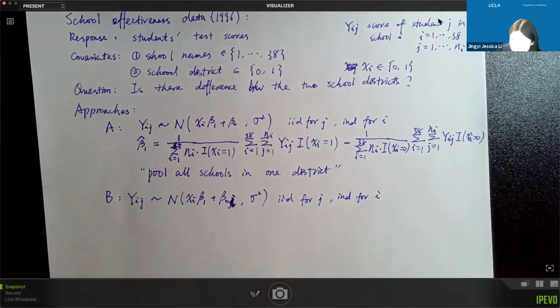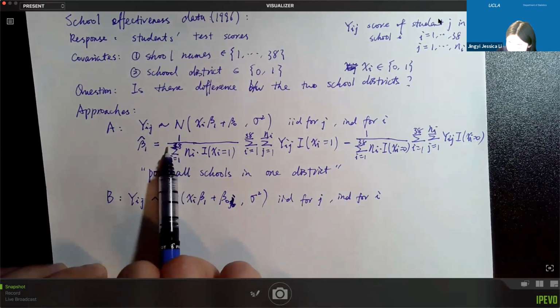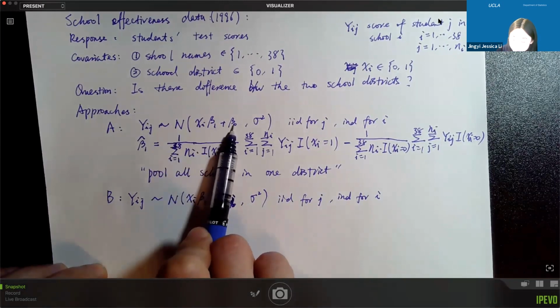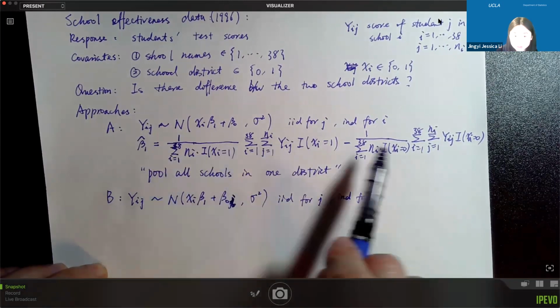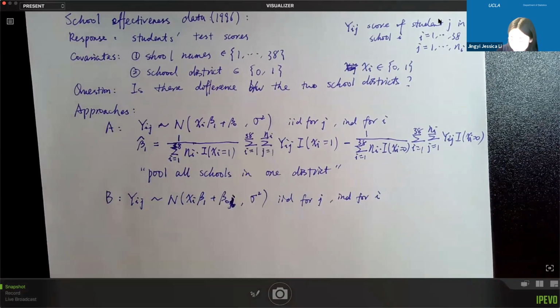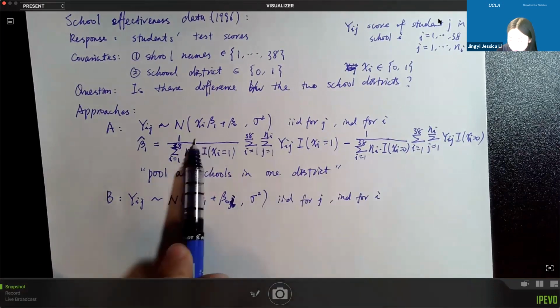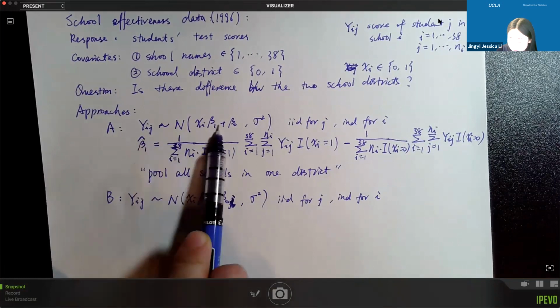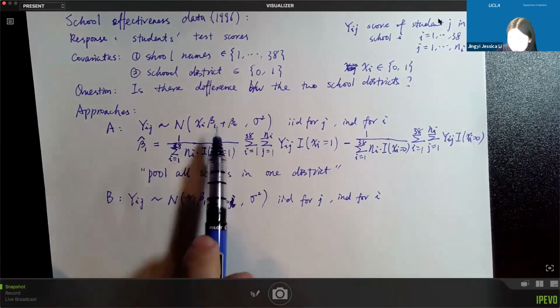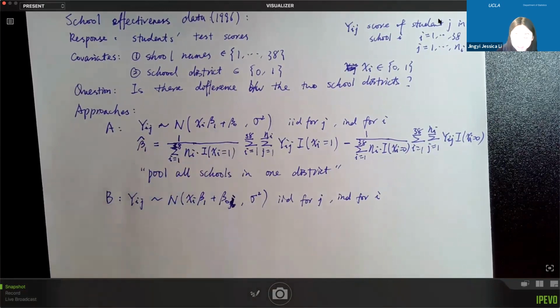So we have a lot more parameters to estimate. Previously, we had a common beta 0, so we could directly cancel it out, because no matter which school we are from, we always have the same beta 0. But here, beta 0i is associated with the ith school, and we must take that into account.